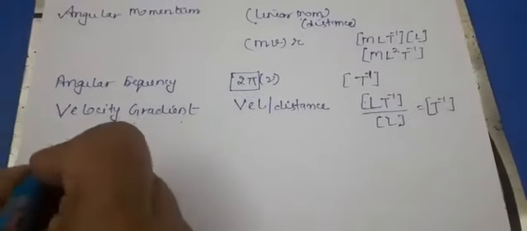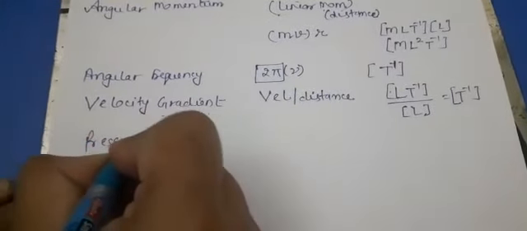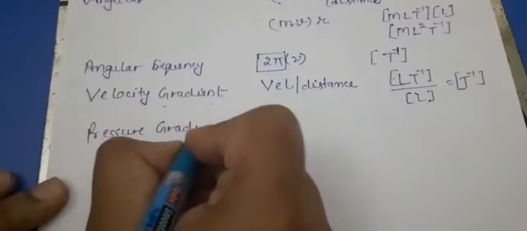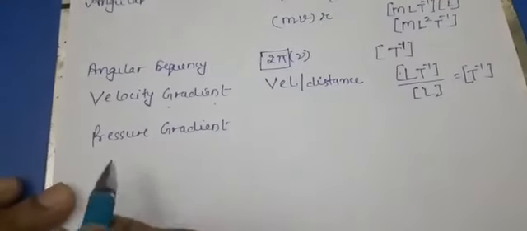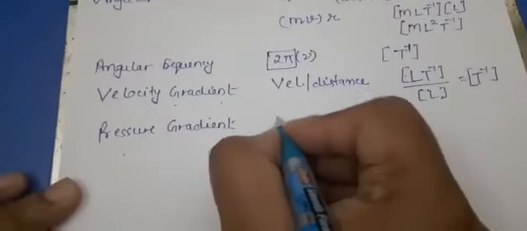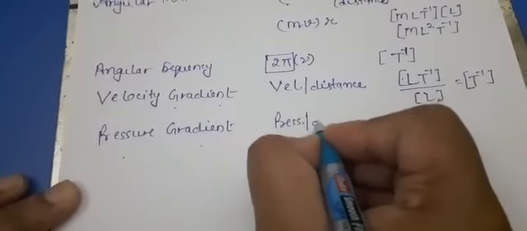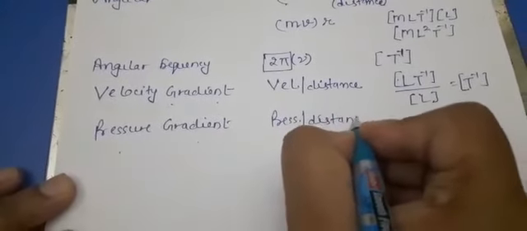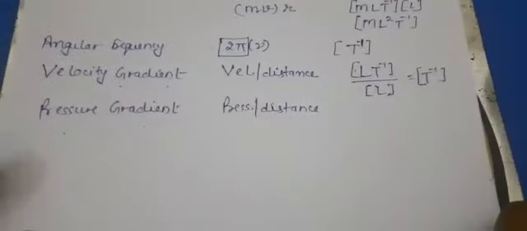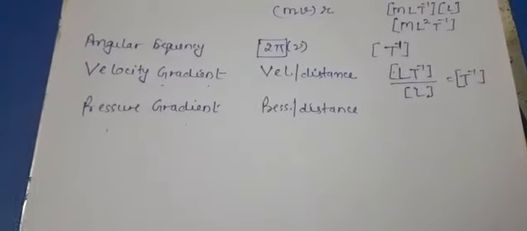Now, pressure gradient. Again, pressure is varying with distance. Pressure per unit distance. So now you have to just recall pressure.